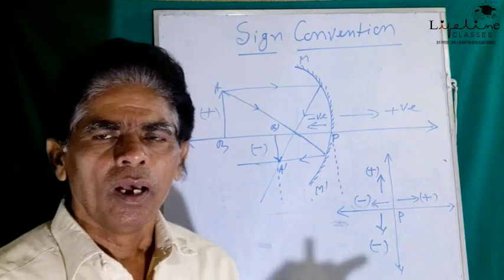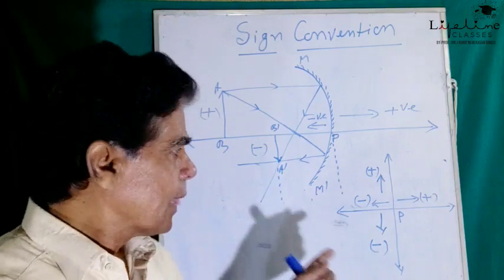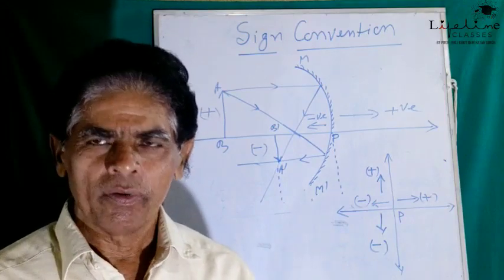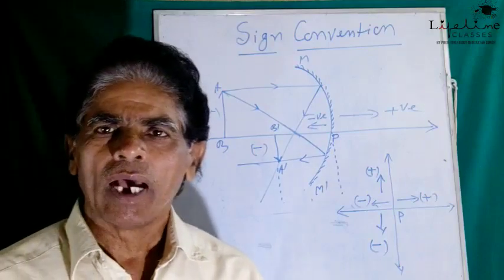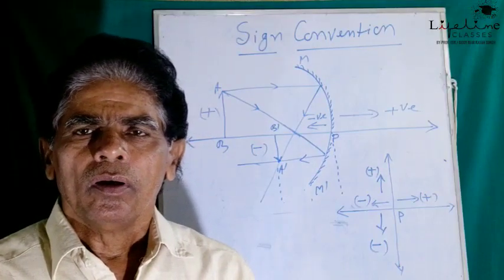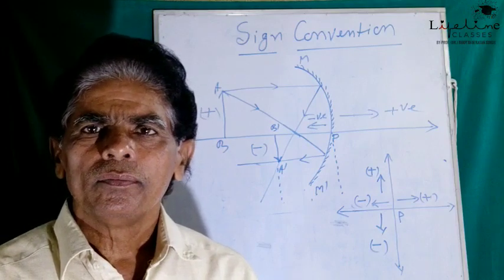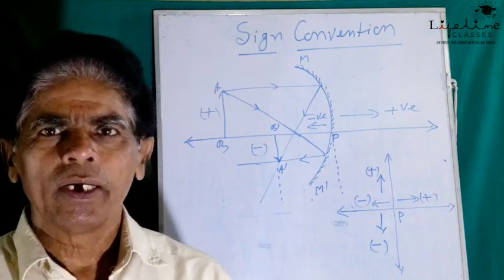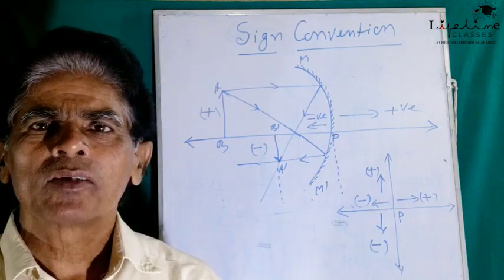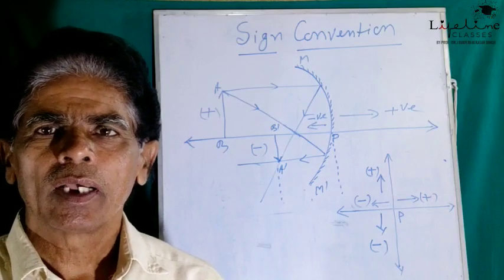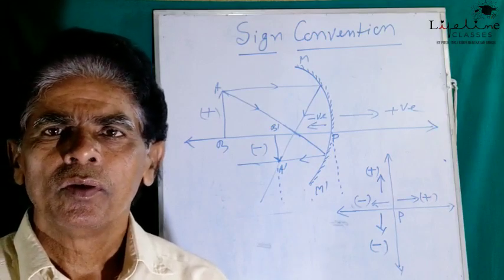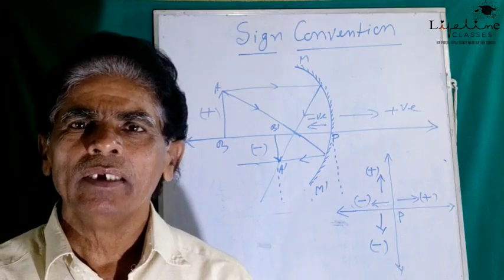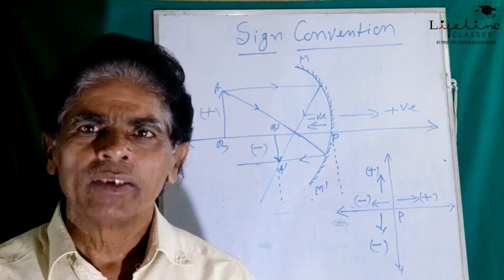Now let us have a conception about the sign convention. Sign convention means, when we deal with the problems related to the reflection of light through concave or convex mirrors, we have to follow some standard sign conventions.